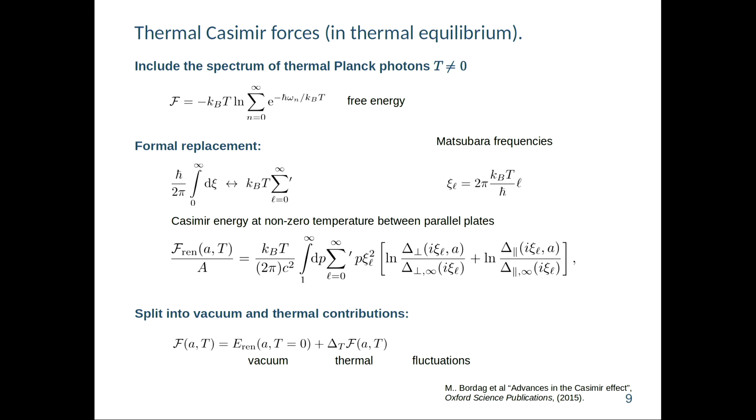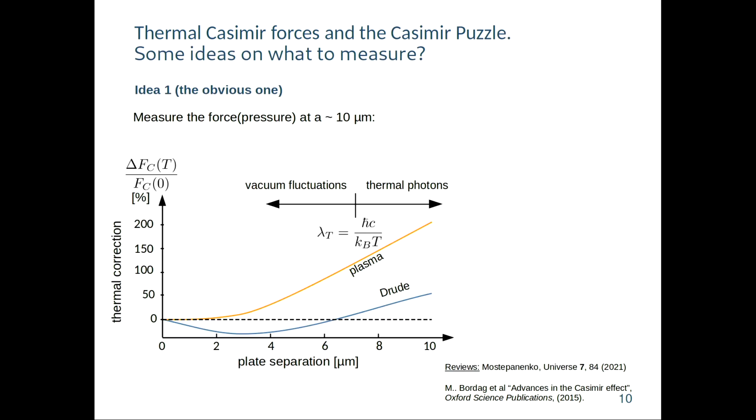Okay, the important part here, because we have heard about this already, is that you can split this free energy expression into a part that comes from the T equals 0 vacuum fluctuations and the part that comes from the thermal contribution, so just from Planck photons. And if you look at the second part in more detail, you can plot this, and you see that, as I've said before, at small separations here, the relative contribution of the thermal photons is very small.